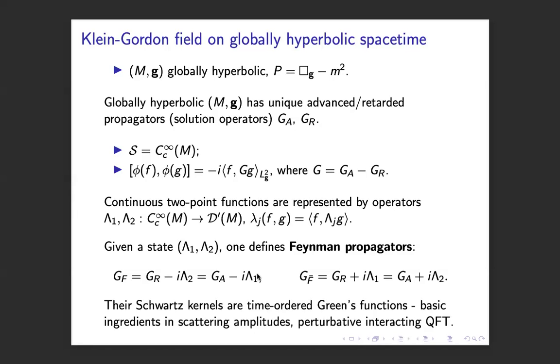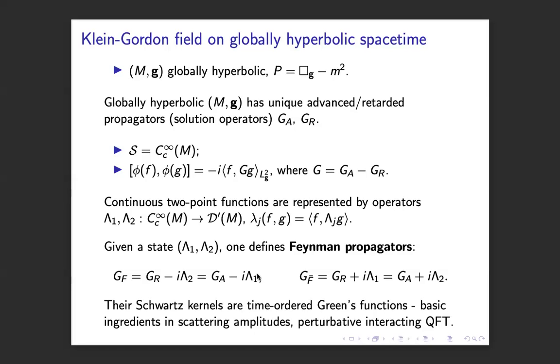And the reason why we take these specific combinations is that it makes their kernels be the time-ordered Green's functions, which is what one usually calls Feynman propagators. So these are the operators you get from Green's functions. This one is technically the Feynman one. This is the anti-Feynman one. This is what goes into scattering amplitudes, and even in curved spacetime, this is an ingredient of perturbative interactivity.